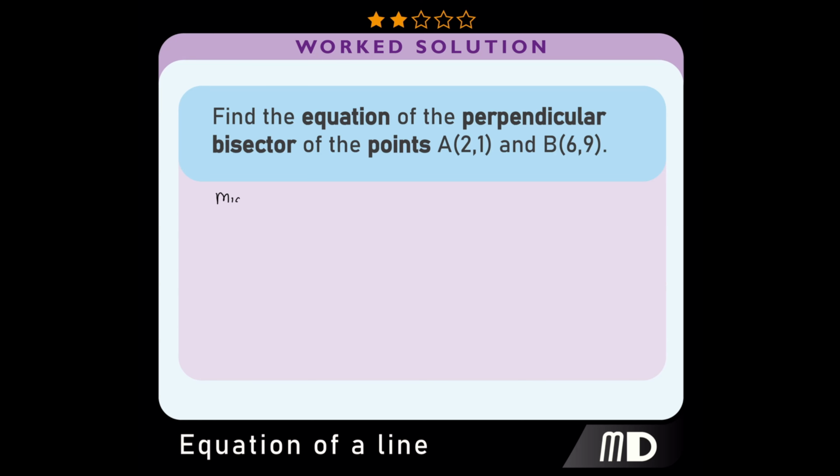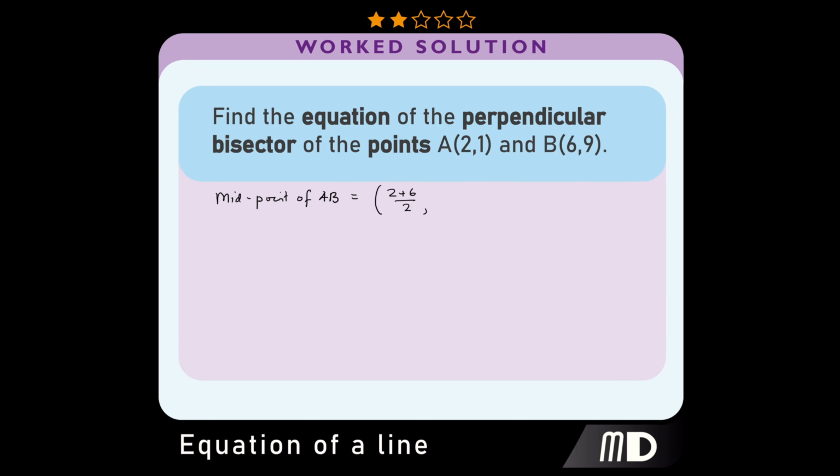So let's start by finding the midpoint between the coordinates 2, 1 and 6, 9. To find their midpoint, we do the following. We add together the two x values of A and B, then halve their total to get the x coordinate value. That means adding 2 and 6 together, then dividing by 2.